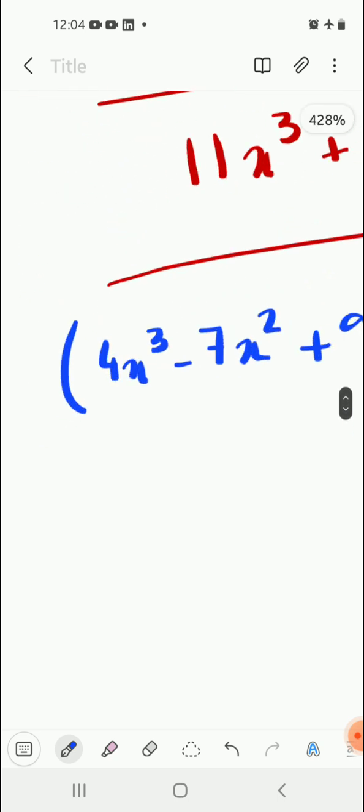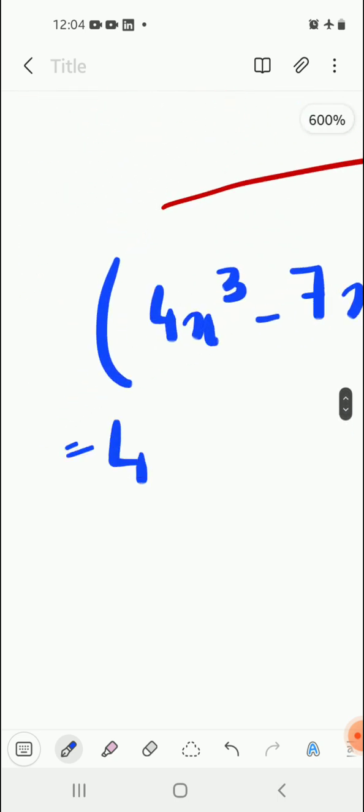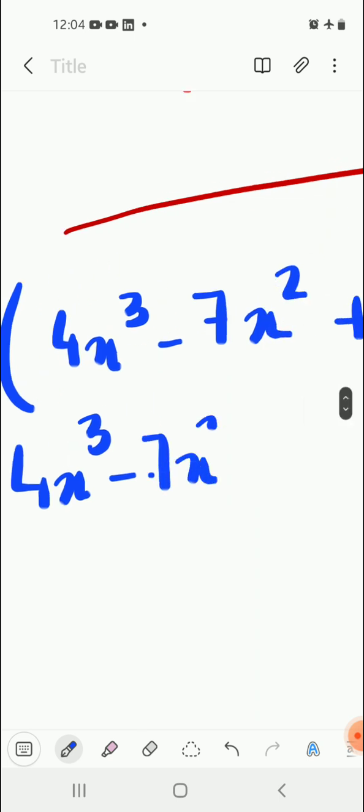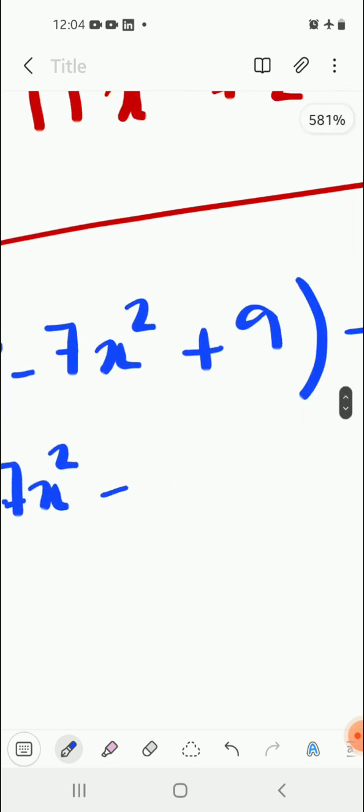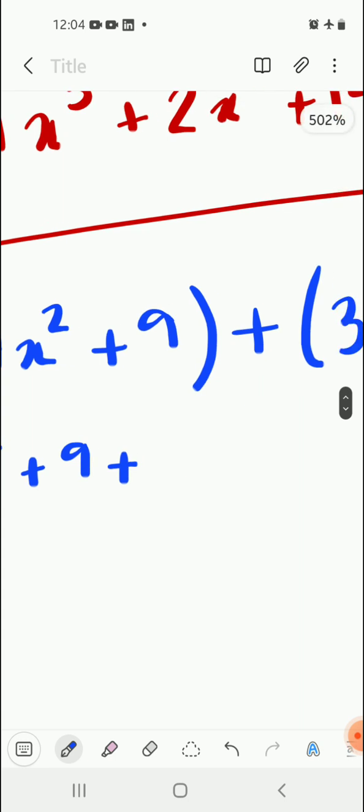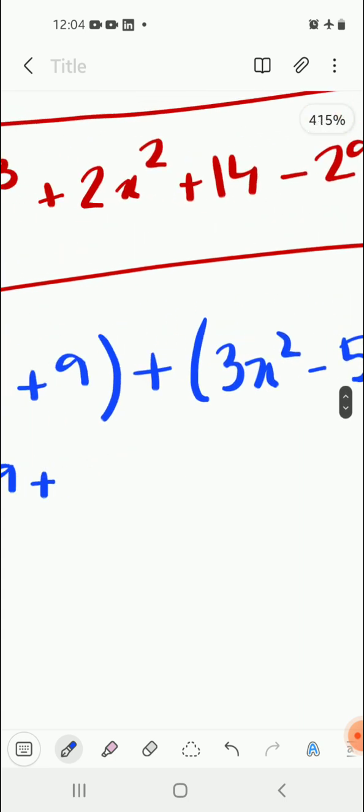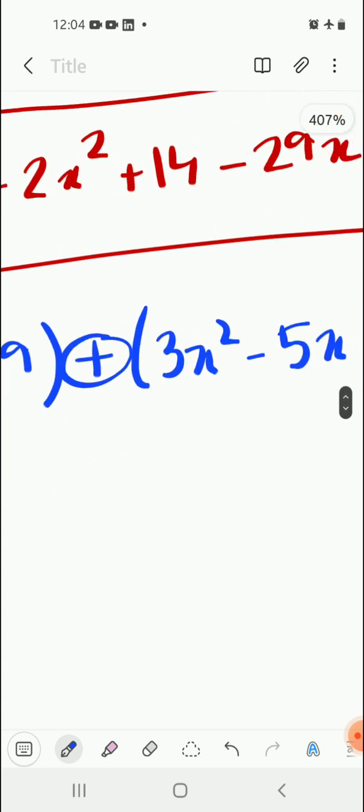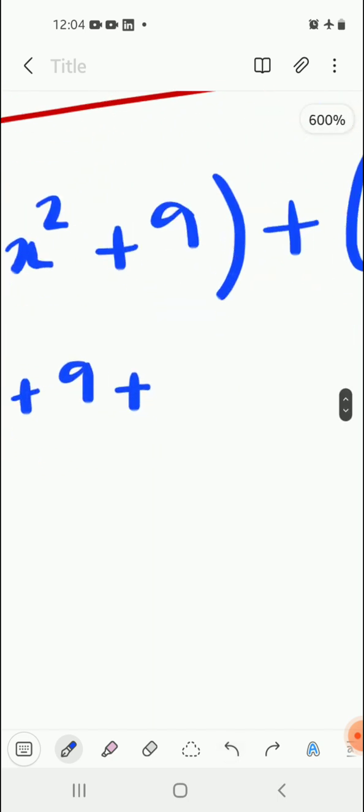After this we are going to remove the brackets. So this becomes 4x cubed minus 7x squared plus 9. The first bracket will be copied as it is. Then plus into nothing over here means plus, so it will remain plus 3x squared.